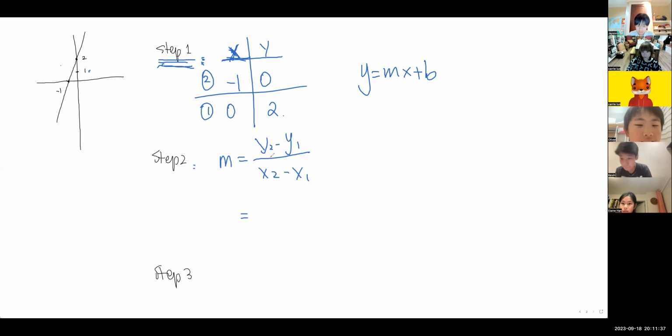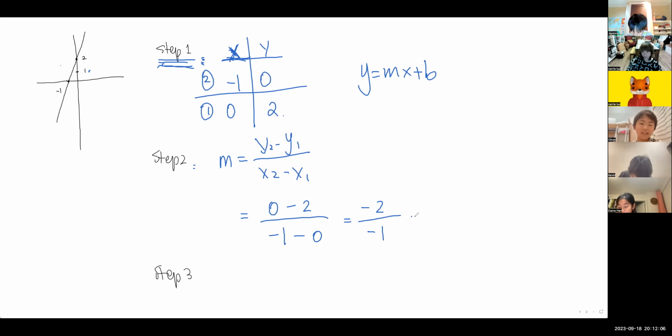Oliver, what is y2, what is y1? Y2 is 0 and y1 is 2. X2 is -1 and x1 is 0. So -2 over -1, it equals 2. Very good, Oliver. So after step 2, we have y equals 2x plus b.